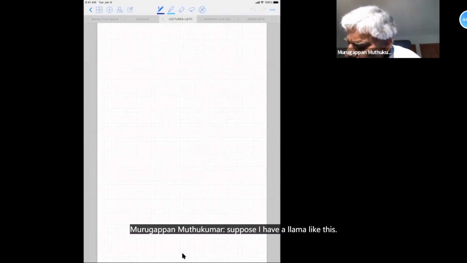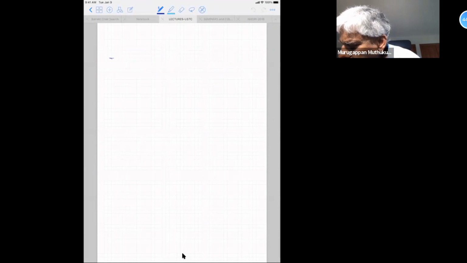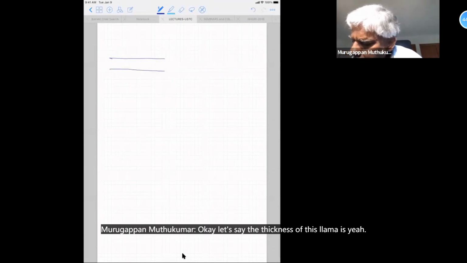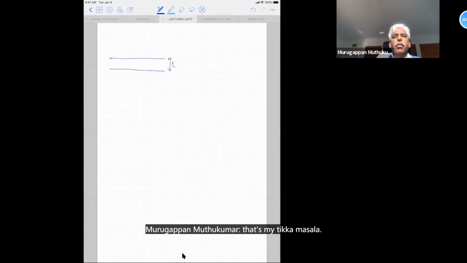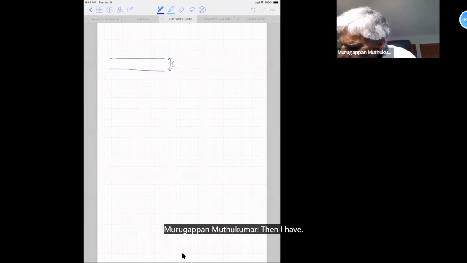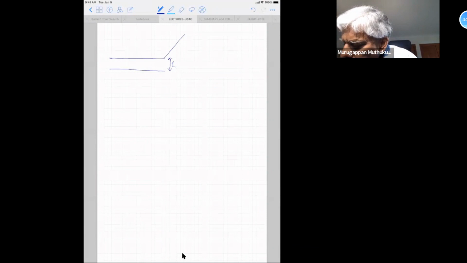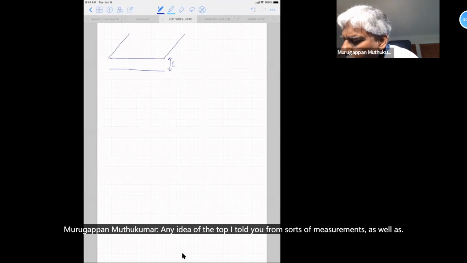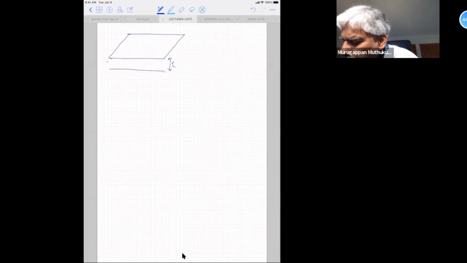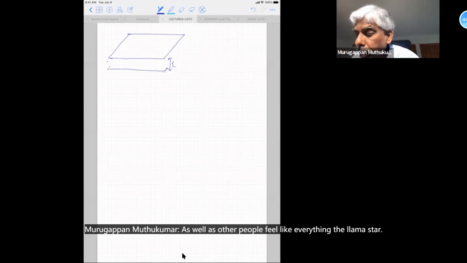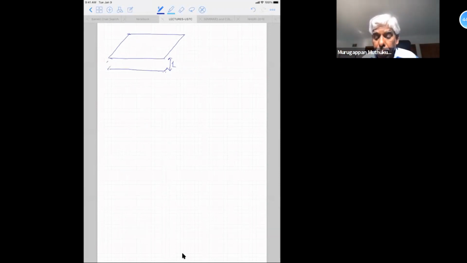Suppose I have a lamella like this. Let's say the thickness of this lamella is L. That's my thickness of lamella. Then I have an area at the top. I told you from Stokes measurements as well as other people's spherulites, everything, the lamellar star. So I want to look at the lamella.